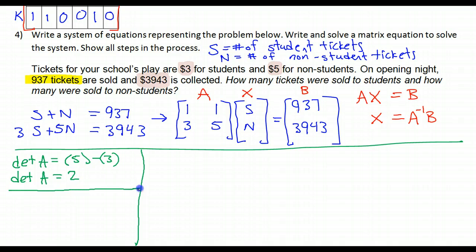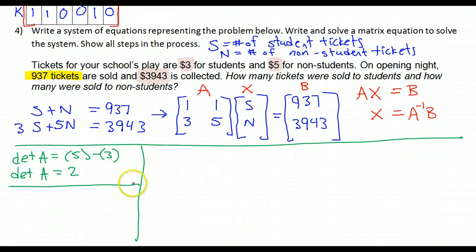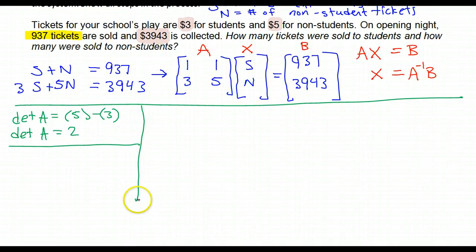Okay, now I'm in a position to find the inverse of matrix A. Alright, so the inverse, first thing I do is I take that determinant and I do the reciprocal. So I'll have that 1/2. Okay, then I can do my reverse negate in here. Reverse negate!